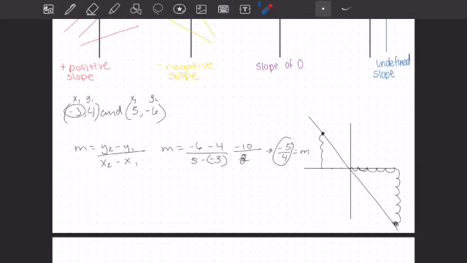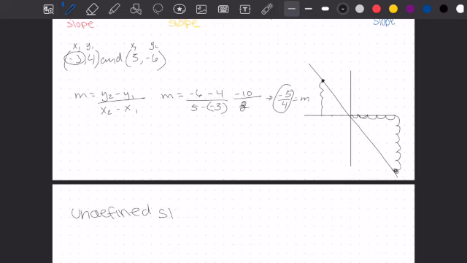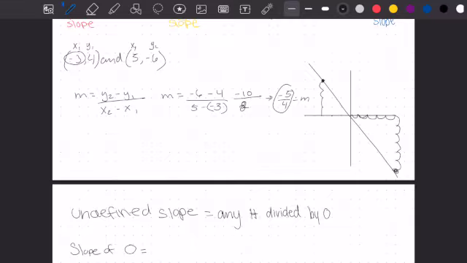Now, if I go to look at something like an undefined slope, what that's going to be is any number divided by 0. And then if I wanted a slope of 0, this is 0 in the numerator of the fraction.